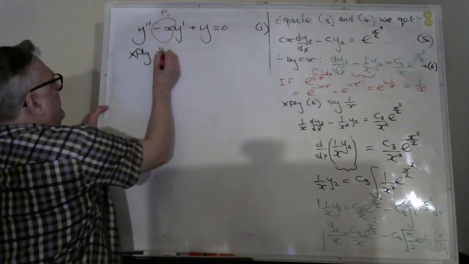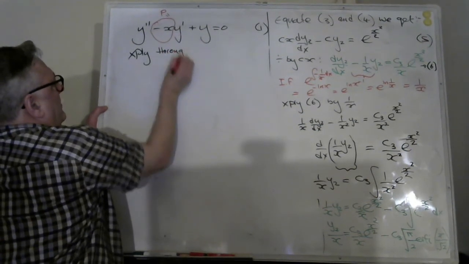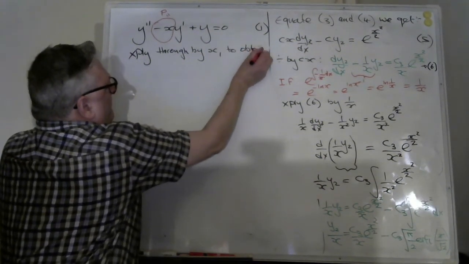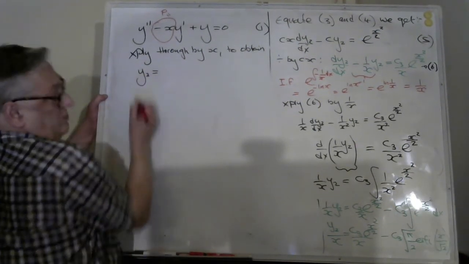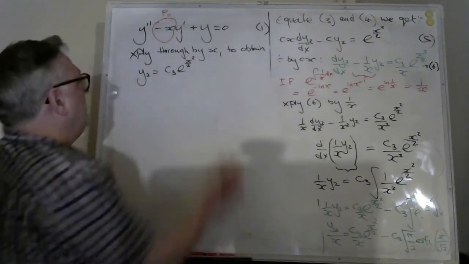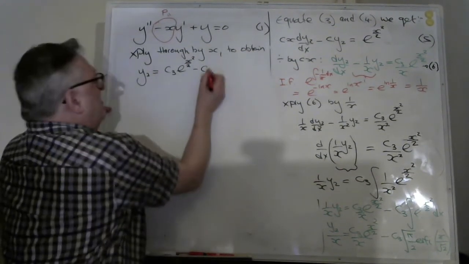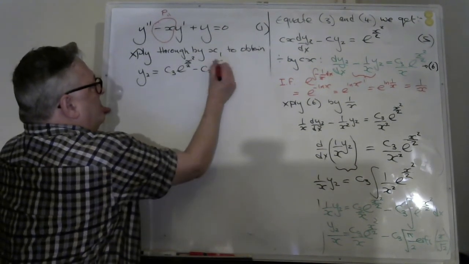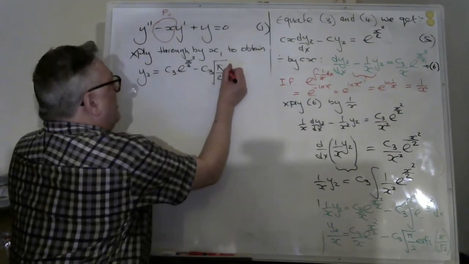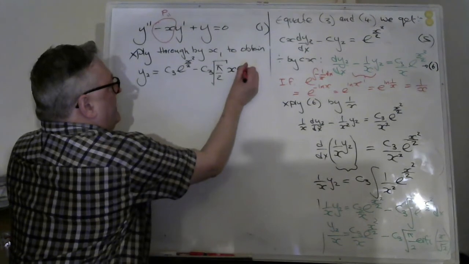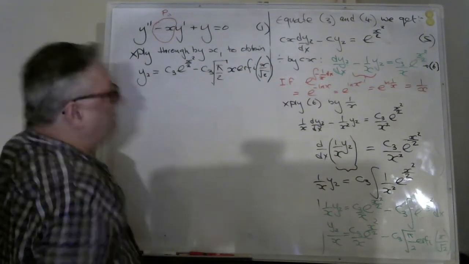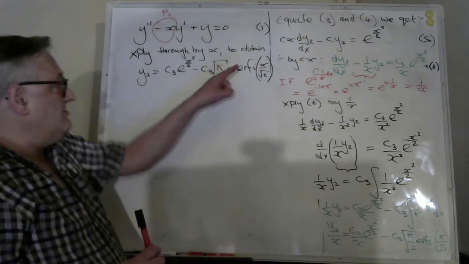We'll just say multiply through by x to obtain y2 equal to c3 e to the x squared over 2 minus c3, the root of pi over 2 times x times the imaginary error function of x over the root of 2. Okay? And that is a second solution.